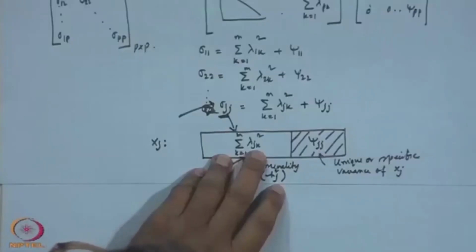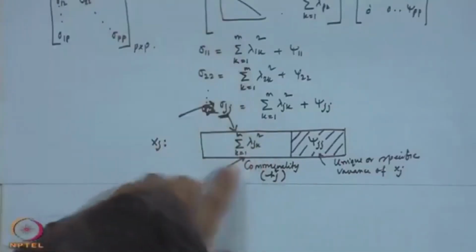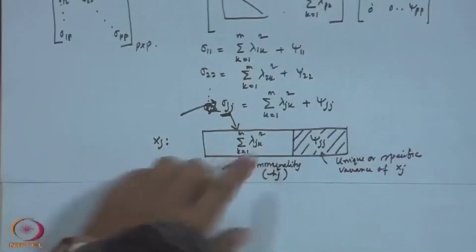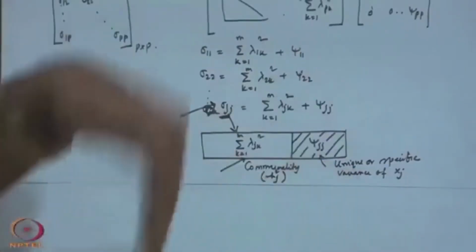What is the contribution of the second factor? Lambda j2 square, then j3 square, and so on. These are the contributions from each of the factors in explaining the variability of that variable xj, and something you will not be able to explain.